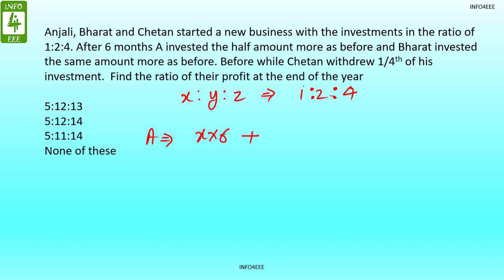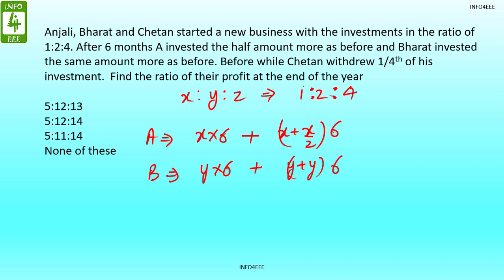Now A invested half the amount more than before. So first A invested this, now A invested half more than before. Let's say Bharat invested the Y amount for the first 6 months, then he invested the same amount for the next 6 months.